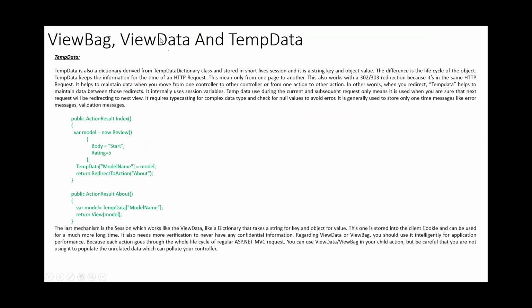The second one is ViewData. ViewData is the same as ViewBag. The scope of ViewData is also one way. You cannot access it from other views. It is only accessible in a controller action method and its respective view. But this is a key value pair.